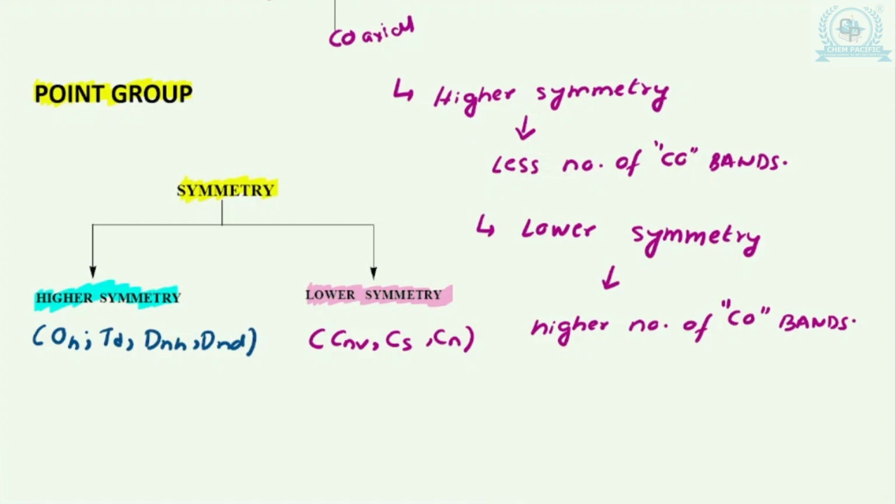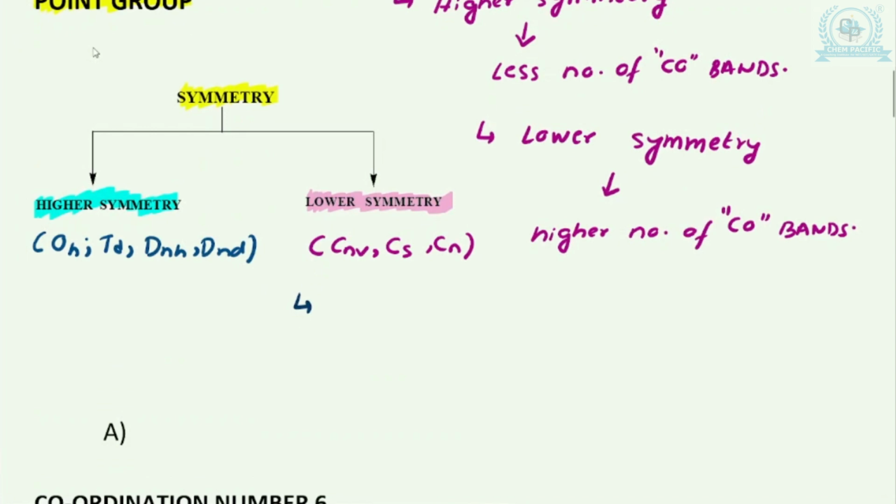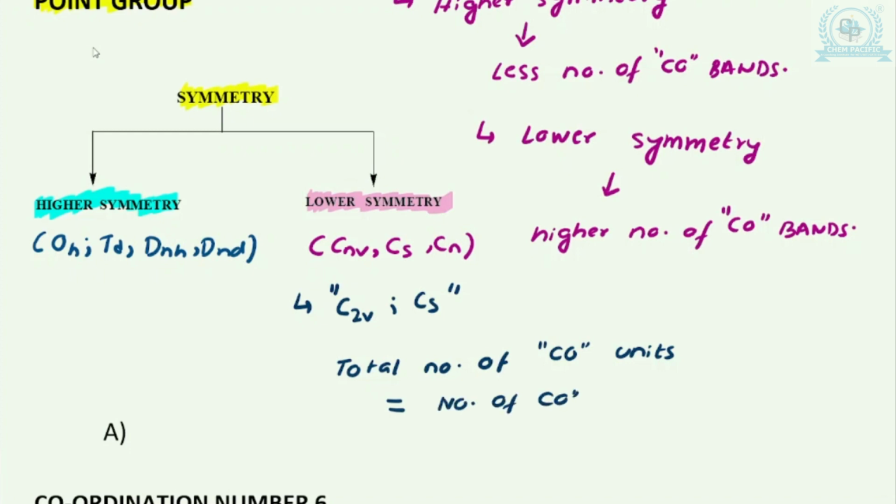And one more point I would like to inform you: if the symmetry is low, especially if it is C2v or C_s, only in these two cases, always remember the total number of CO units in the case of C2v and C_s is equal to the number of CO bands.